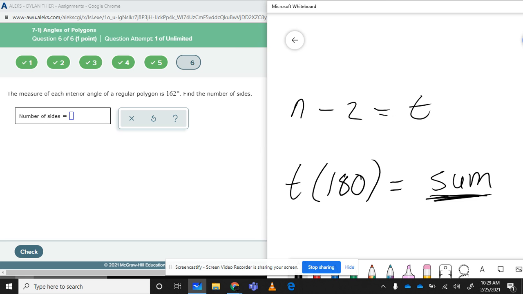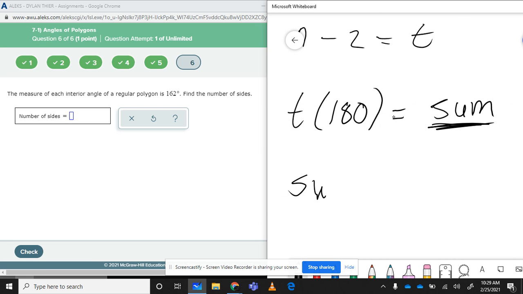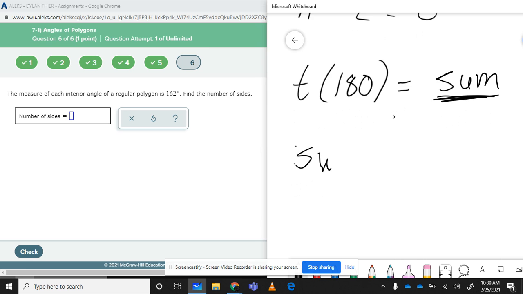Okay, so this gives me some large number. Now, if I divide that number by the number of sides, that'll tell me what each individual angle is worth. So this problem kind of has us lay out all of these steps together and then work our way backwards through them.